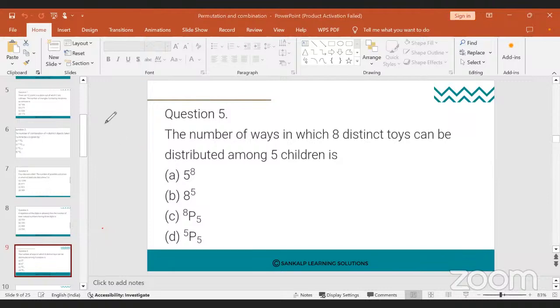Try yourself, 10 to 20 seconds for you. That is question number 5. The number of ways in which 8 distinct toys can be distributed among 5 children. What is the answer? Option A is 5 raised to 8, option B is 8 raised to 5, option C is 8P5, option D is 5P5. Try to solve this.